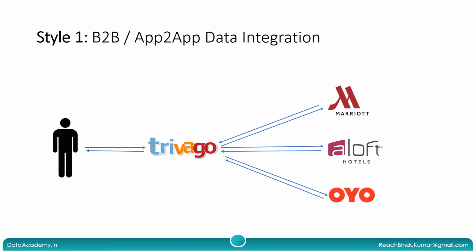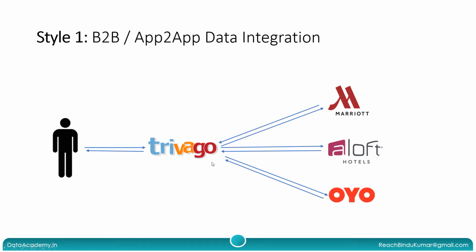What they do is aggregate information from many different chains of hotels like Marriott, Aloft, Oyo, and so on. So when you visit this website, input a particular date and a particular location and try to book a hotel, Trivago on that instant should communicate with all these different providers to get the information, right?